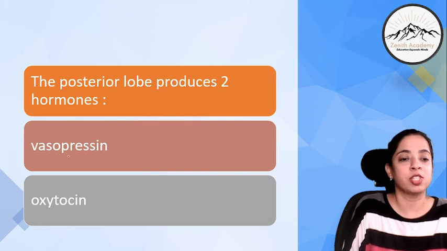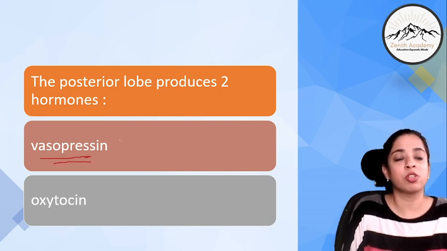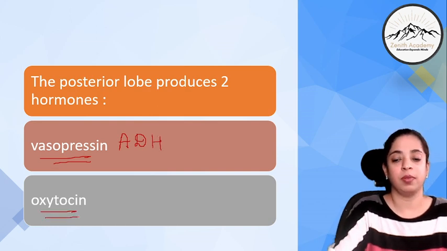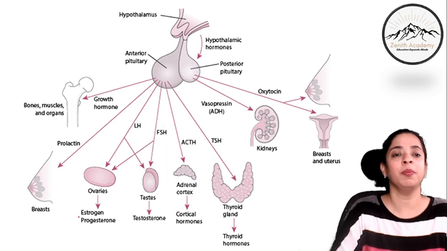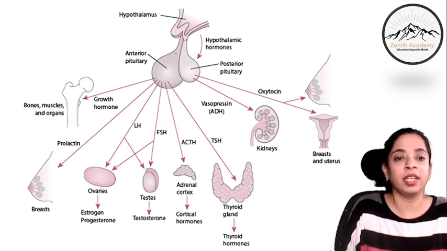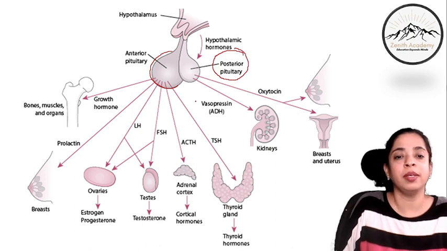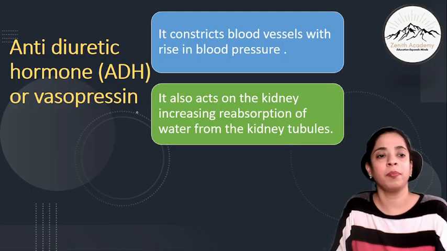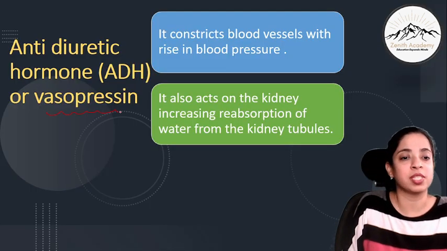Vasopressin is also known as antidiuretic hormone, ADH, and next is oxytocin. Let's talk about these two in detail. So anterior pituitary we have finished. Now we are doing posterior pituitary. In posterior pituitary we have vasopressin and oxytocin. First is vasopressin.